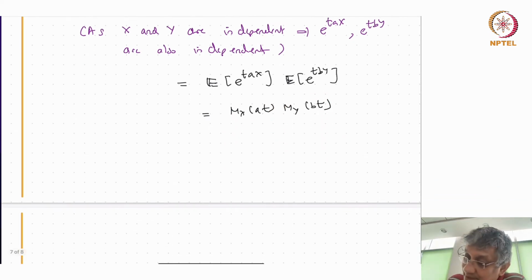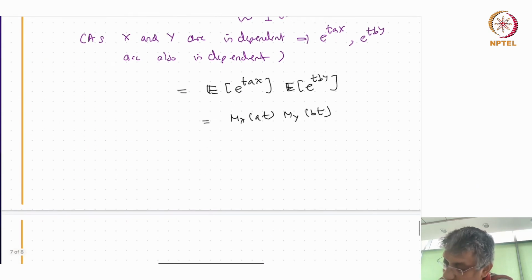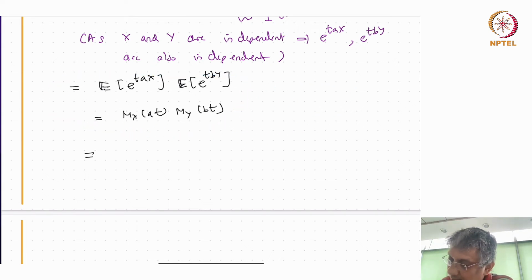So what is m sub x at? X is normal with parameters mu1, sigma 1 squared. Y is normal with parameters mu2, sigma 2 squared. So let's write this down. The first term is going to be equal to what now? Exponent of the first one, a mu1 t, plus 1/2 sigma 1 squared a squared t squared.